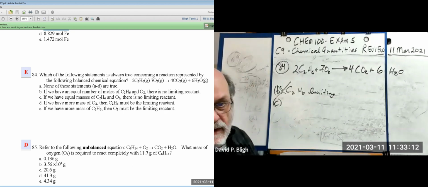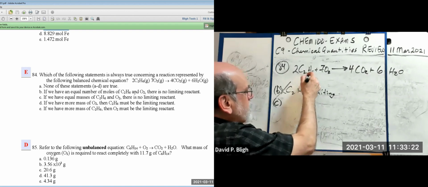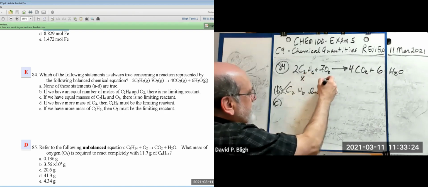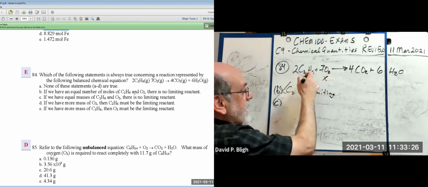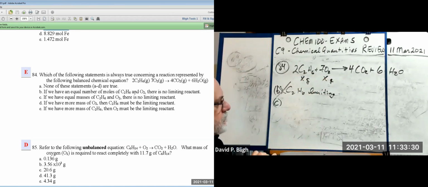How about C? If we have equal masses of C2H6 and O2, there's no limiting reactant. Now we have to work a little bit. Equal masses. So we have X mass there equal to X mass there. Okay?